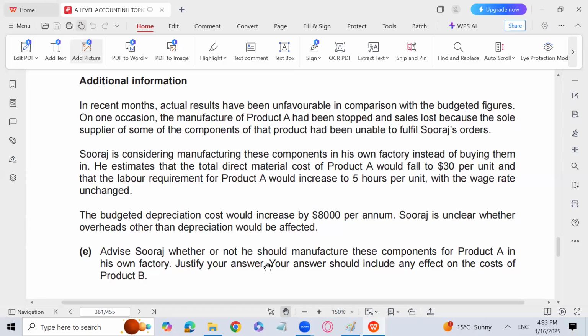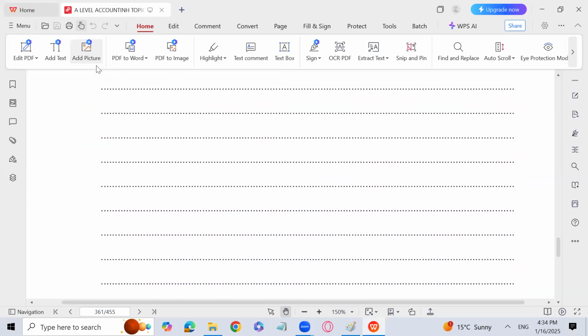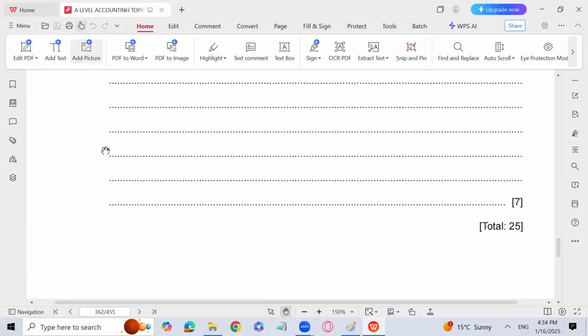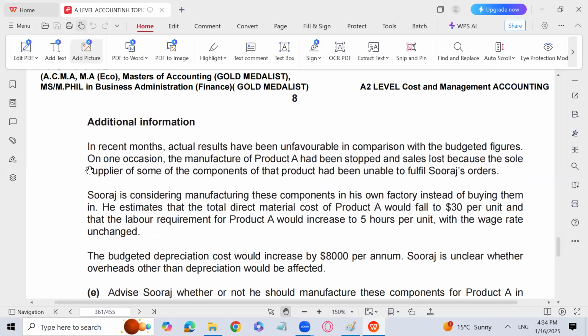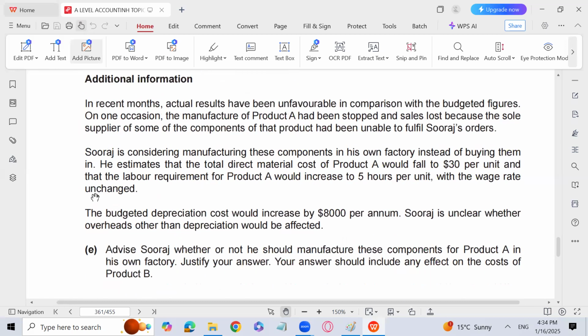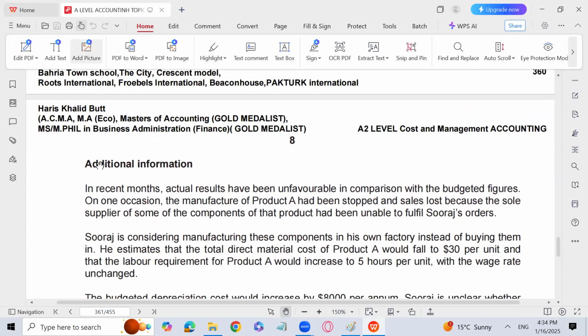Advise Suraj whether or not he should manufacture these components for product A in his own factory. Justify your answer. Your answer should include any effect on the cost of product B. Okay. And the marks are going to be how much? 7 marks are given. So first we are going to calculate what is the effect on the profit of product A. So simply it states that the material price now has fallen to 30.